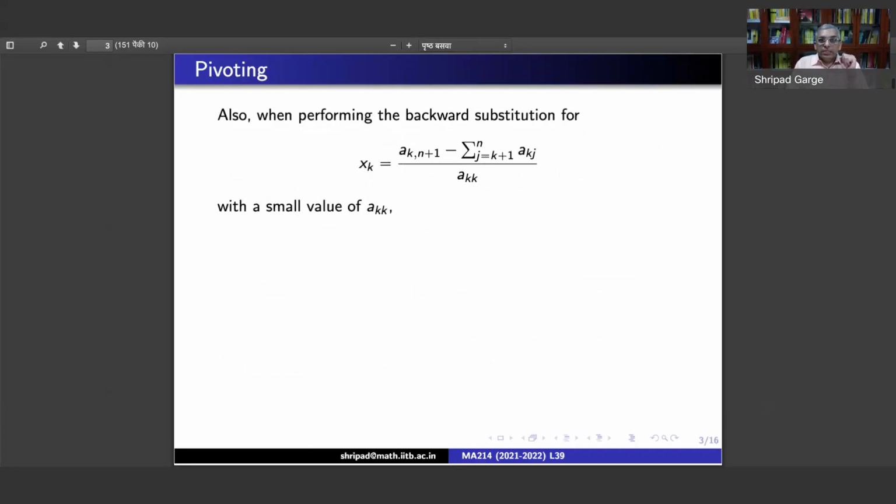Okay, so of course, you will have to divide by this small quantity even when you do the backward substitution.